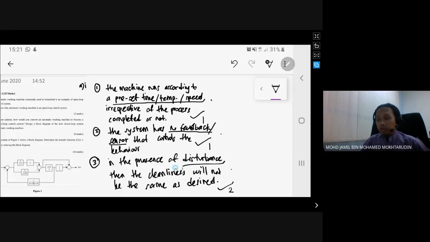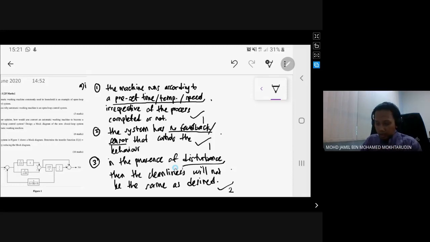If there are disturbances, then an open loop system cannot control the output that you desire. While for a closed loop system, because of the sensor and the feedback, it somehow reduces the effect of disturbance on the system. Okay. All right.